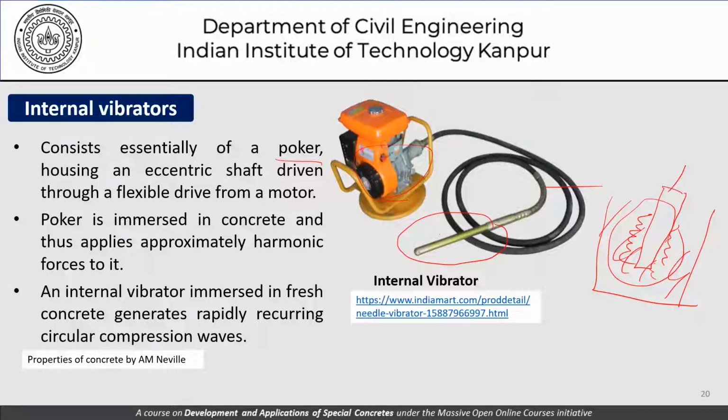These are things we should know from the point of view of what happens as we immerse the vibrator. If you look at this picture in plan, the top view, we immerse the needle vibrator here and switch it on. What we have is wave generation and propagation through the fresh concrete in a circular manner.